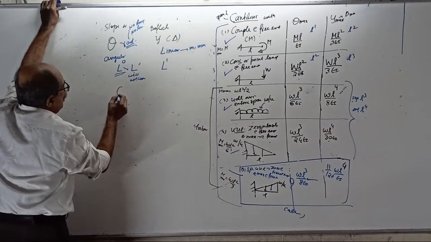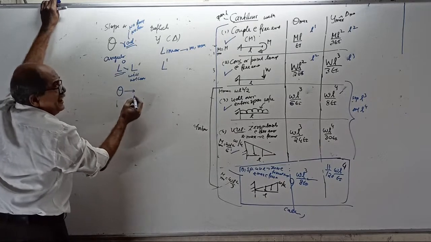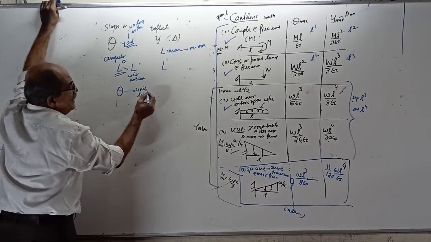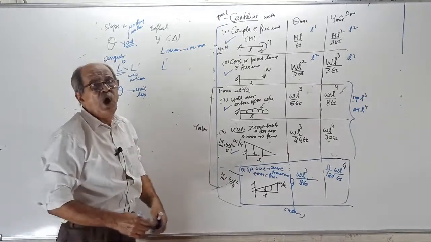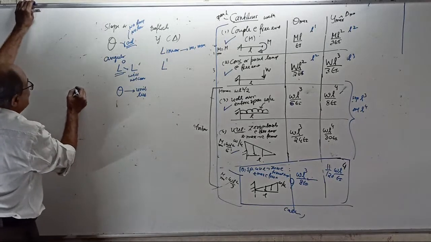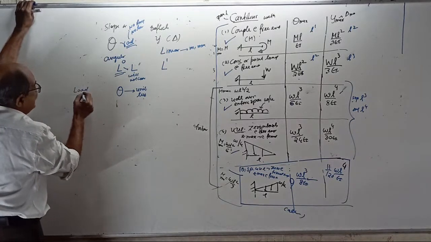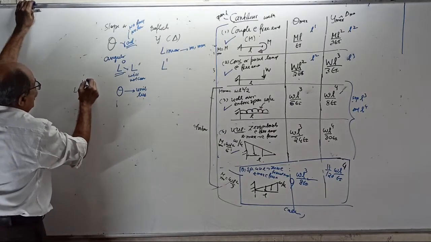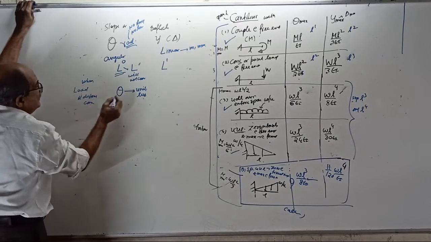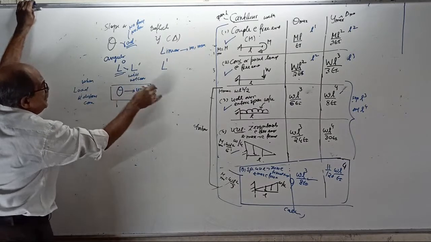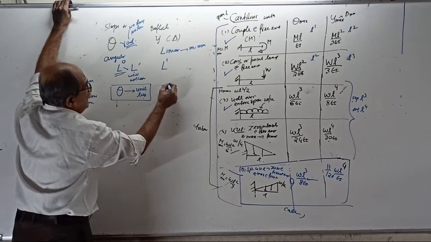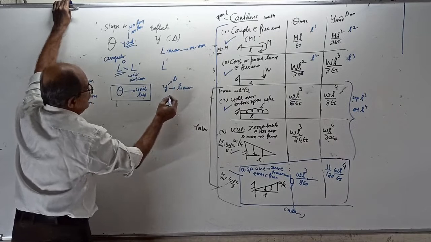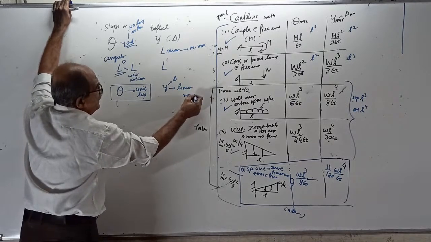So your slope answer should finally be unitless, as far as load and distance are concerned. When load and distance are considered, theta is always unitless and deflection y or delta will always be linear, like millimeter, meter, etc.